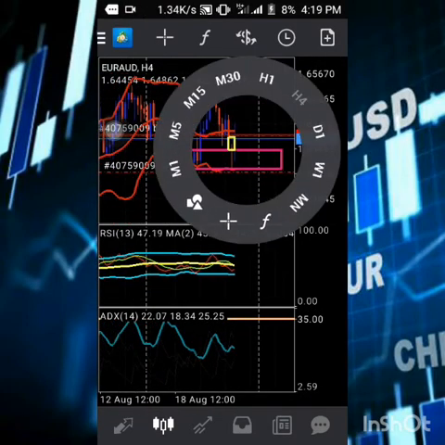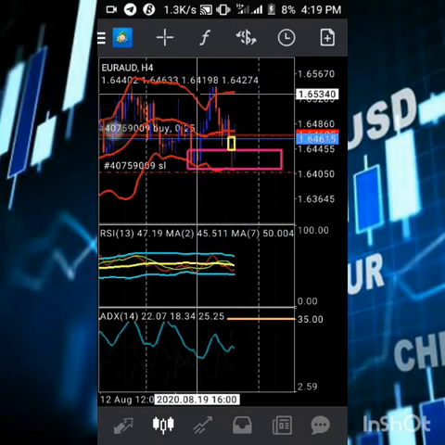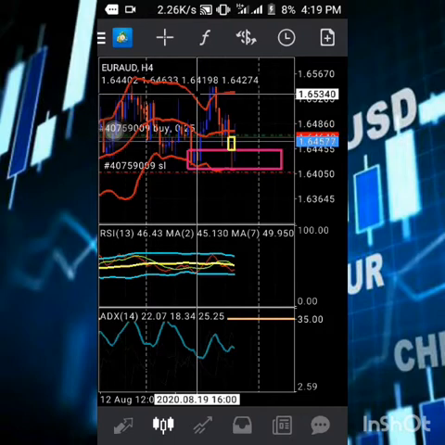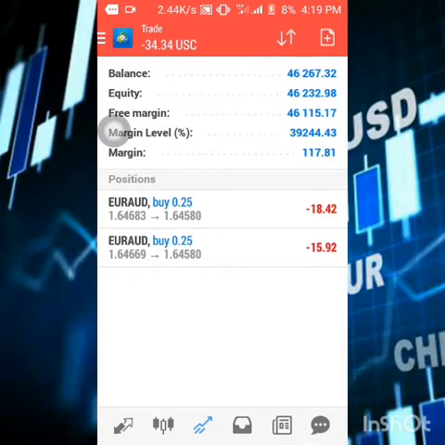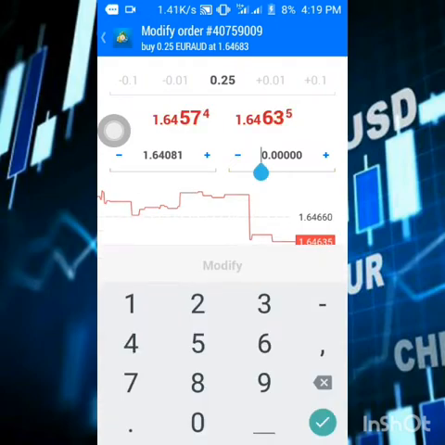So our take profit will be at the upper Bollinger Band on the 4 hours chart. This is it here. So 1.6534. That will be our take profit.